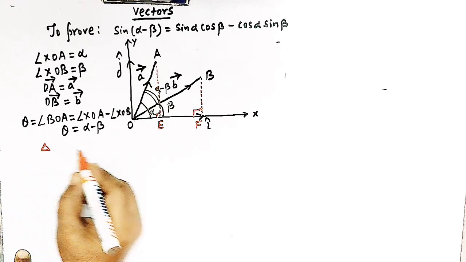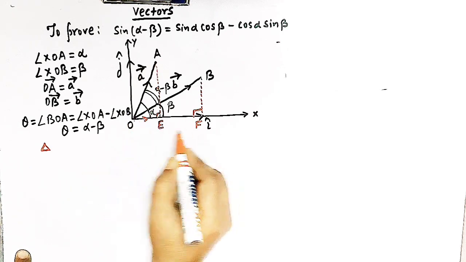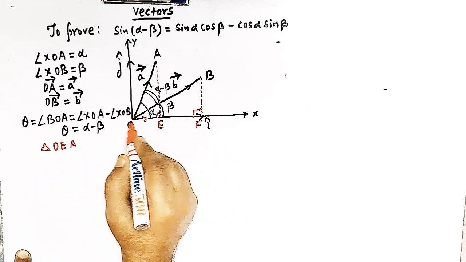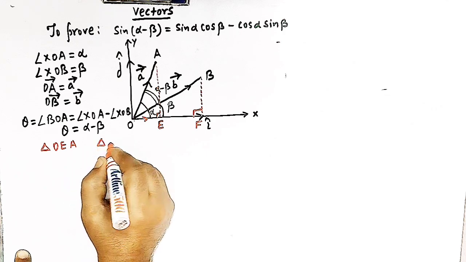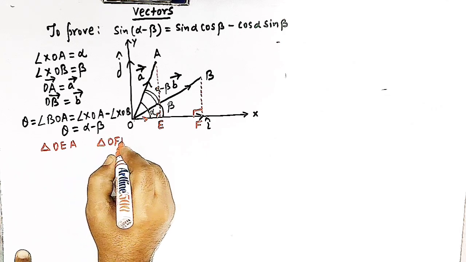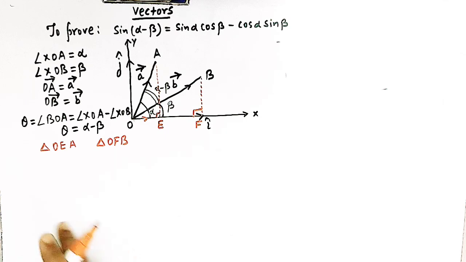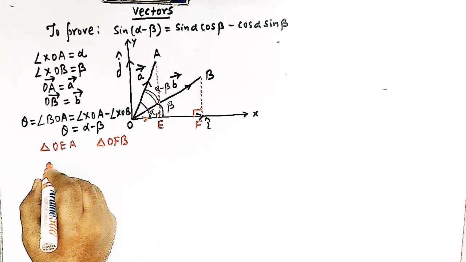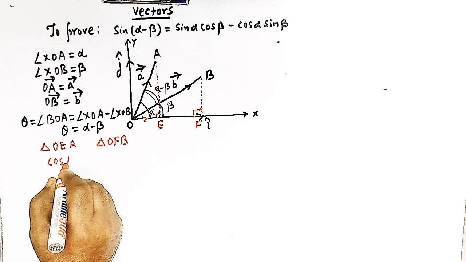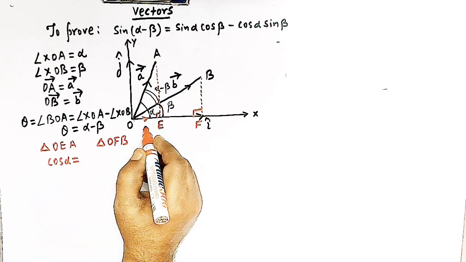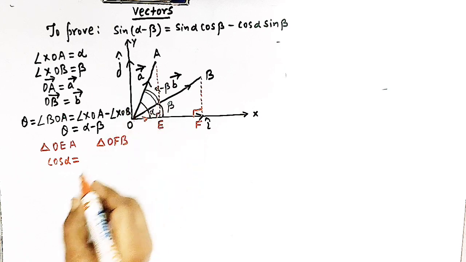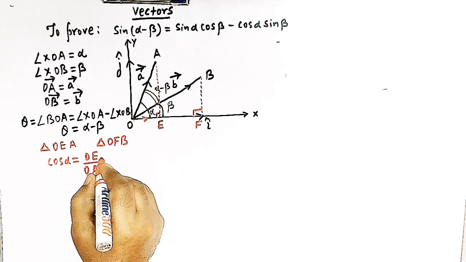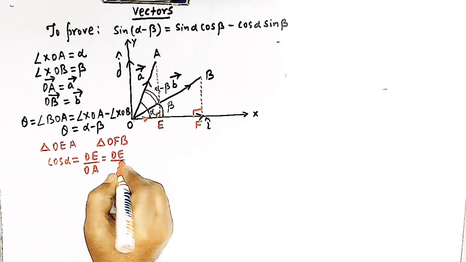So now we have two triangles, that is triangle OEA, and here we have the triangle OFB. So now in triangle OEA, we can write cosine alpha is equal to, that is base over hypotenuse. So we have OE over OA, and we can now write OE over A.